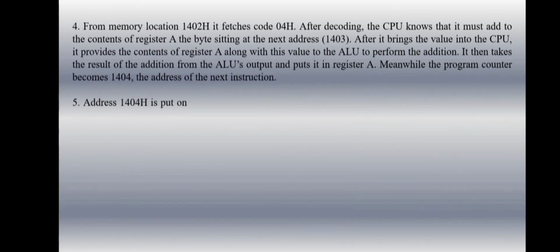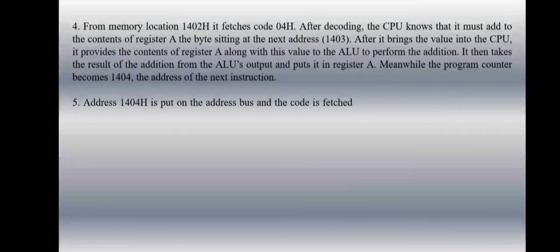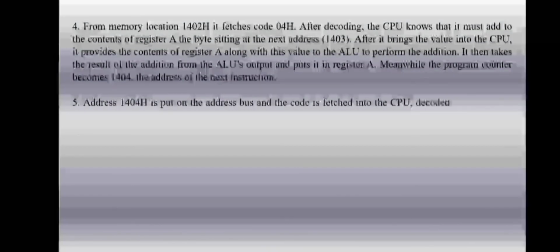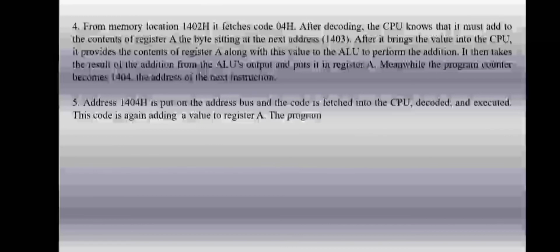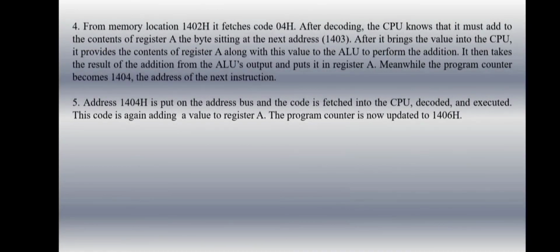The fifth step is address 1404H is put on the address bus and the code is fetched into the CPU, which is decoded and then executed. This code is again adding a value to register A. The program counter is now updated to 1406H.